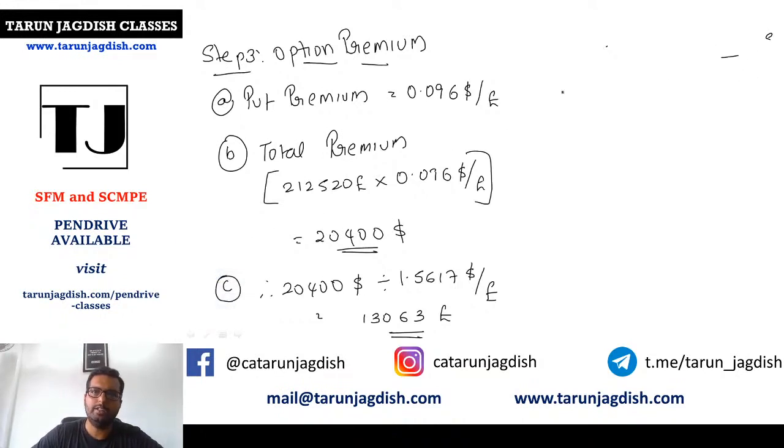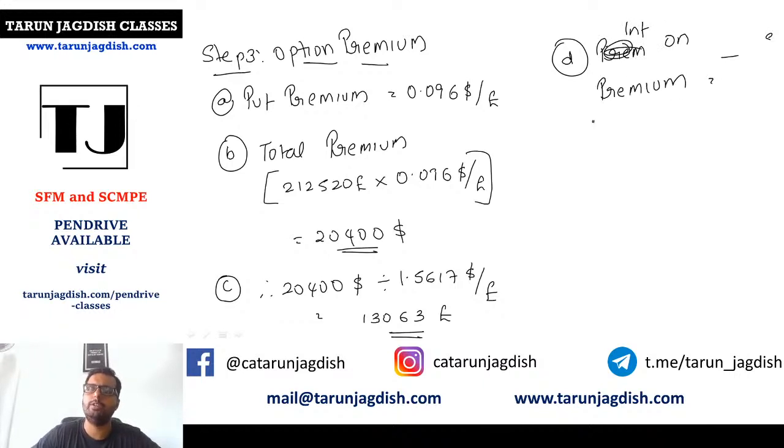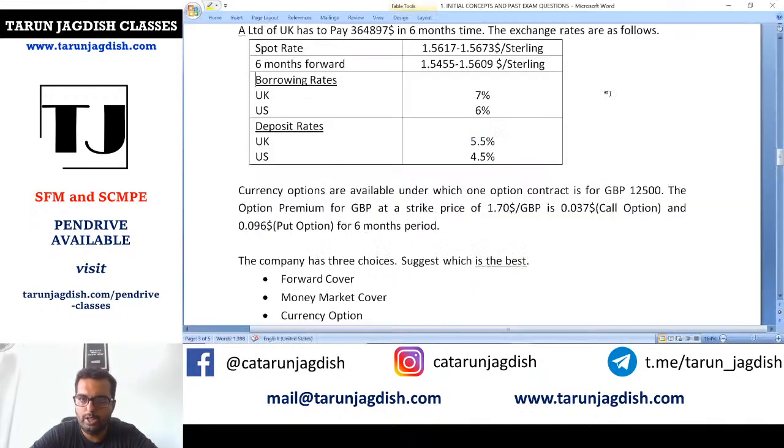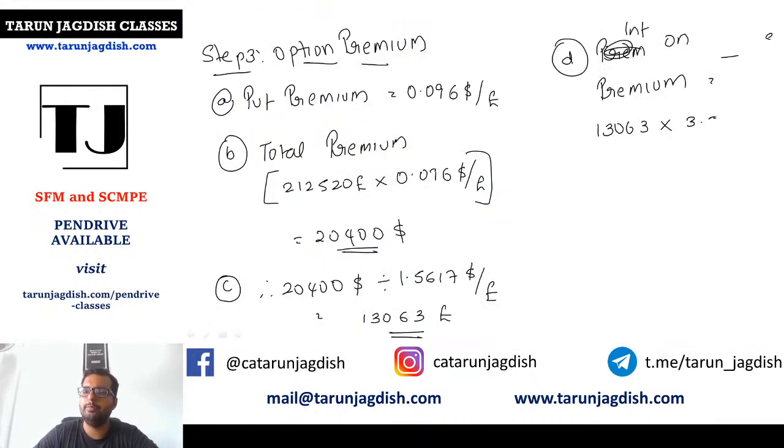So we have to convert this and make it on expiry, because rest everything is payable after 6 months. So interest on premium, assuming that I don't have money today, I am borrowing money for paying premium. It will be 13,063 into sterling borrowing rate, which is how much? That will be 3.5%.